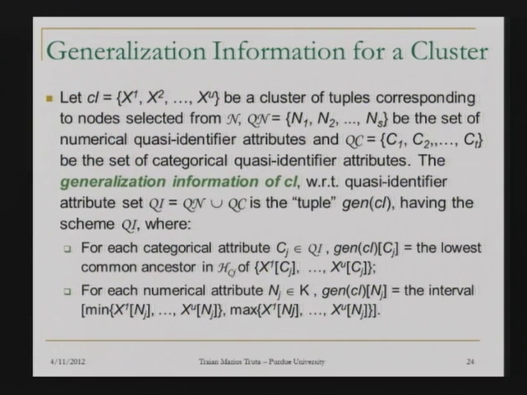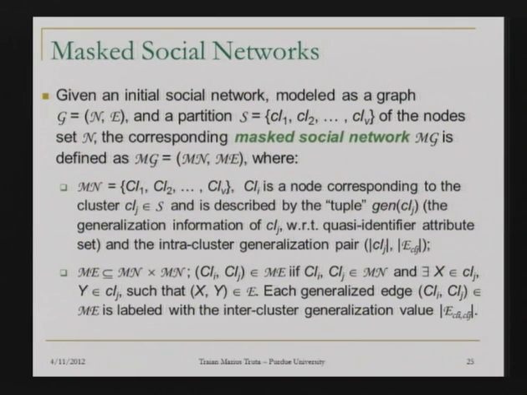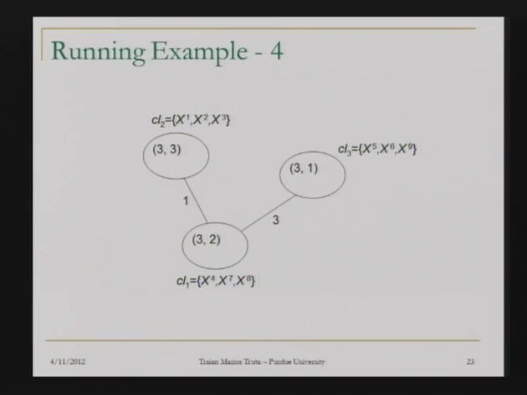And for this, we will use several definitions that include generalization information of a cluster. What do we mean by generalization information of a cluster? How much information is lost when we generalize the node information? And then what we want, and this is just a definition, I don't want to get into details, is to create a social network, which is the masked social network, based on our selection of clusters, and this definition pretty much explains mathematically what this is.